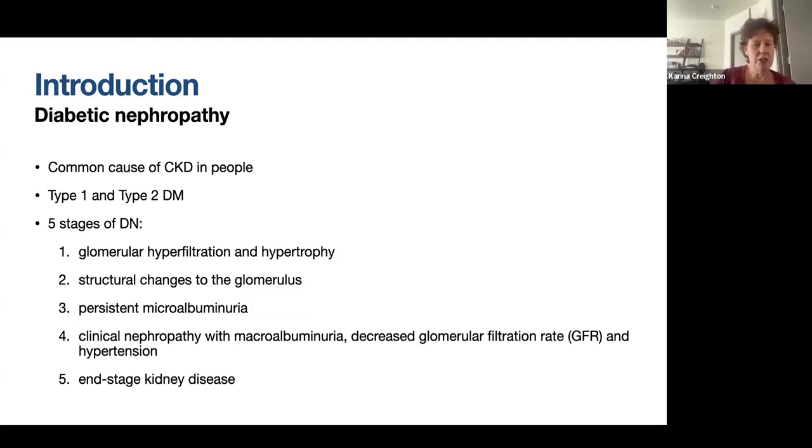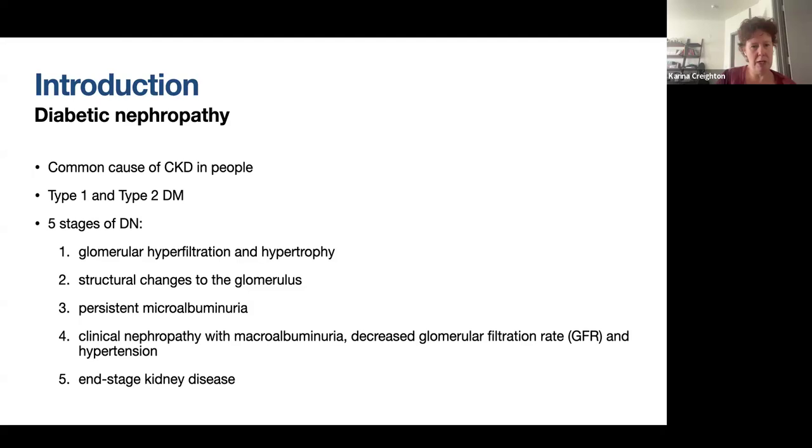But there are essentially 5 stages of diabetic nephropathy, or diabetic kidney disease, which is the other terminology. The first 2 stages are generally subclinical. That's where we'll see glomerular hyperfiltration and hypertrophy, and structural changes to the glomerulus.